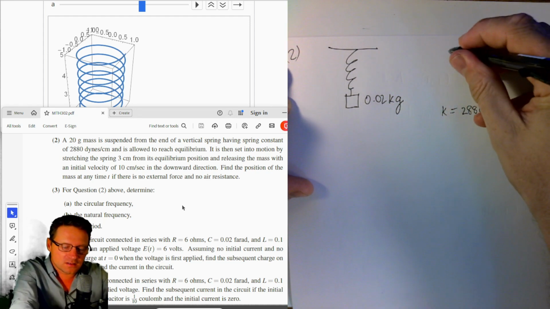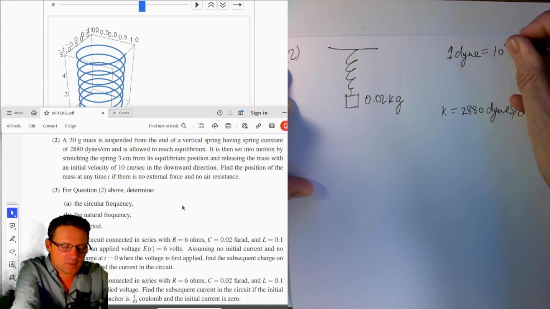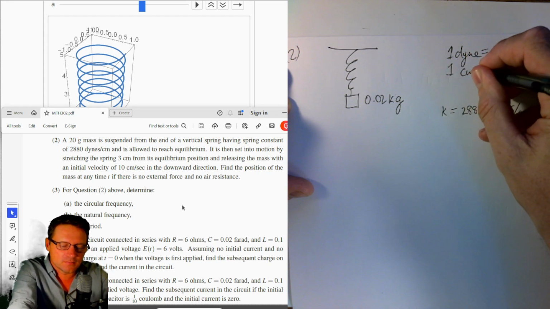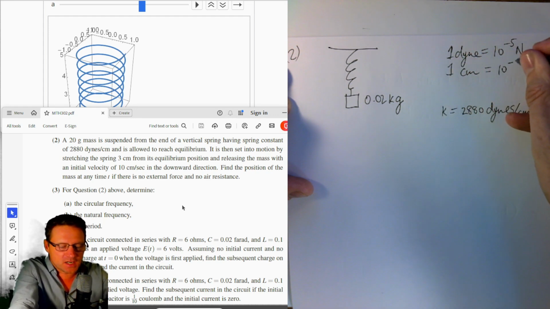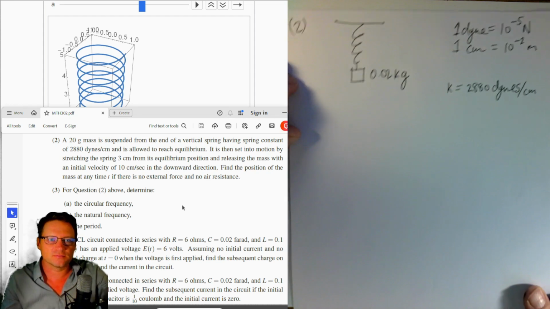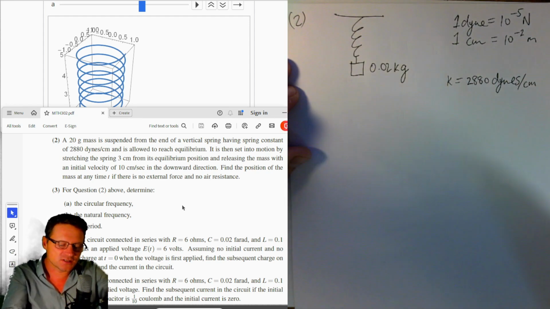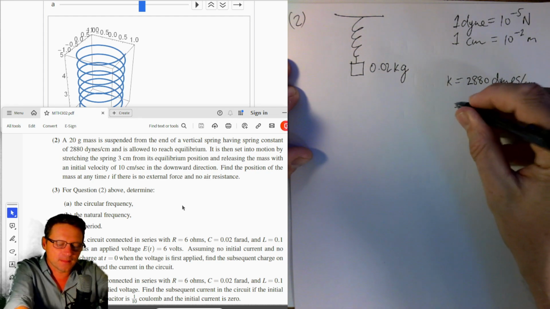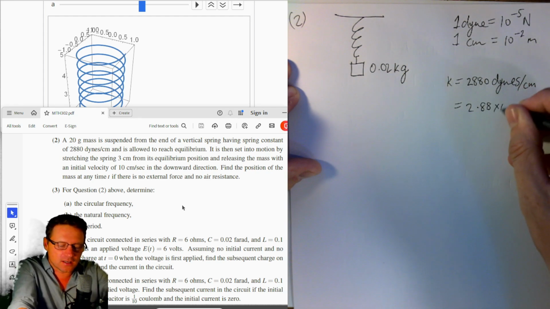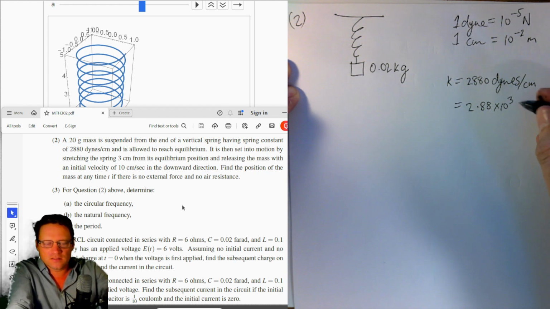Well, 1 dyne is 10 to the power of minus 5 newtons. 1 centimeter is 10 to the power of minus 2 meters, 0.01 meters. So we need to convert dynes into newtons per meter. So then we have 2.88 times 10 to the power of 3 dynes.